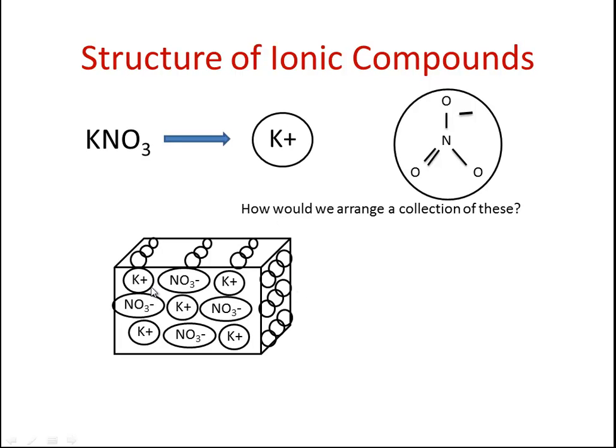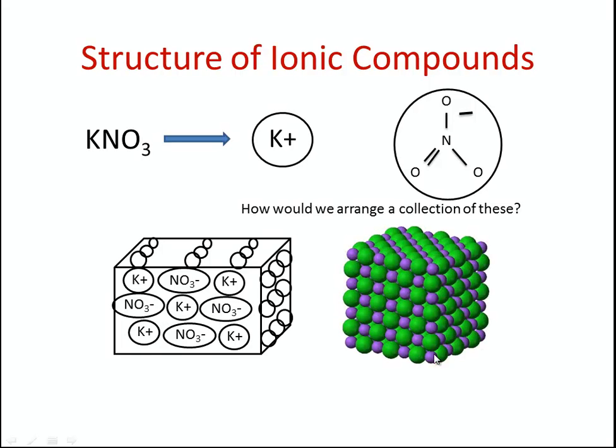Again, this is the most stable arrangement, because if you're a potassium, when you look around, you want your nearest neighbors to have negative charges, because opposite charges attract, and that makes for the most stable compound.